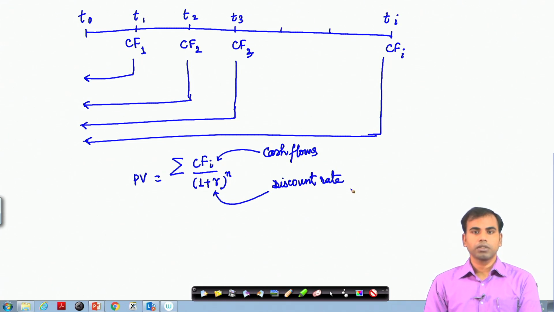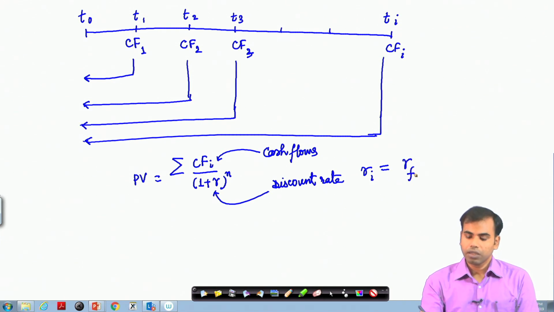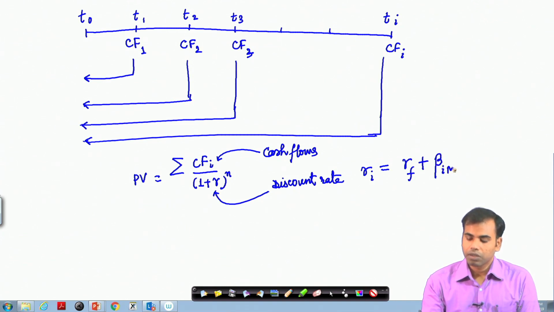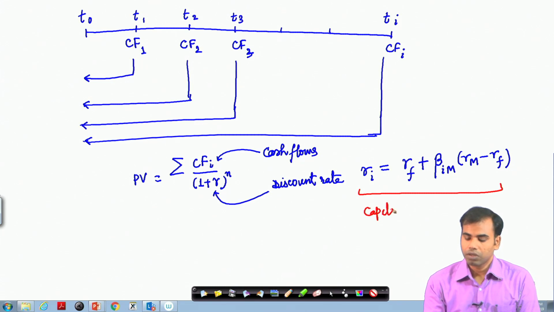We had already touched upon the concept where this R can be determined as a function of the rate that you can get easily and some risk sensitive measure and the risk premium that the market is offering over and above the risk free rate. This particular approach is known as capital asset pricing model, which we will discuss briefly later on.